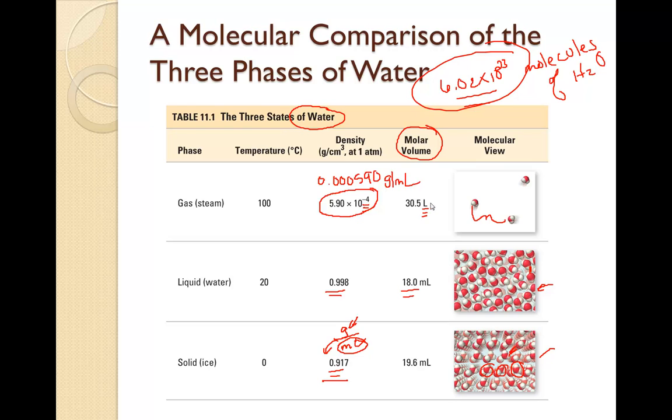Notice that the gas is in liters and the liquid is in milliliters. That means 0.018 liters. Notice that's way smaller in comparison for the exact same amount of molecules. Now if we look at the solid, just like over here with the density, the volume went up, 0.0196 liters to hold the same amount of molecules. Because it takes more room, that means that the density is going down.